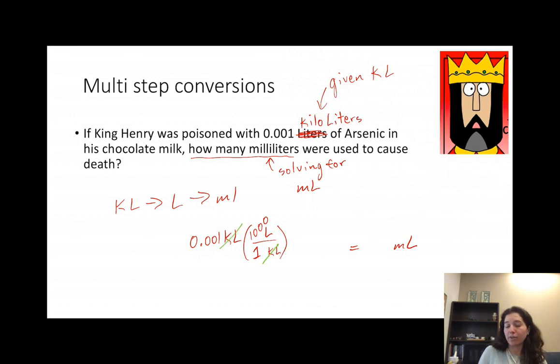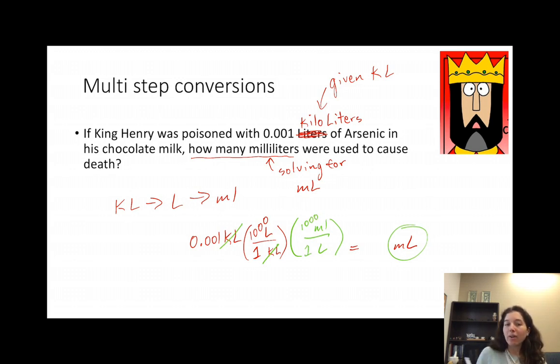So we're in liters right now. For the next step, we don't want liters in our final answer, we want milliliters, so liters has got to be canceled. So we're going to put it on the bottom now. We'll put milliliters on the top because we're trying to get to milliliters. We need it there. And we know that in every 1 liter, there's 1,000 milliliters.